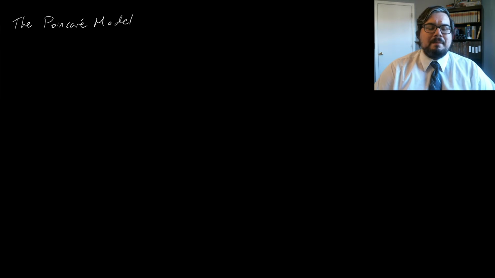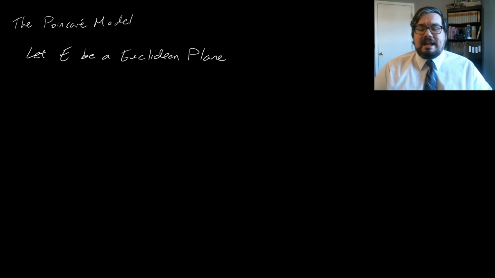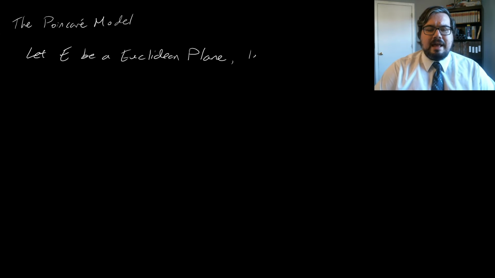So, the Poincaré model is going to be built inside a Euclidean plane. So let's let E be a Euclidean plane. That is a plane in a geometry which does satisfy the parallel postulate, one that we're familiar with. And let's let C be a circle.